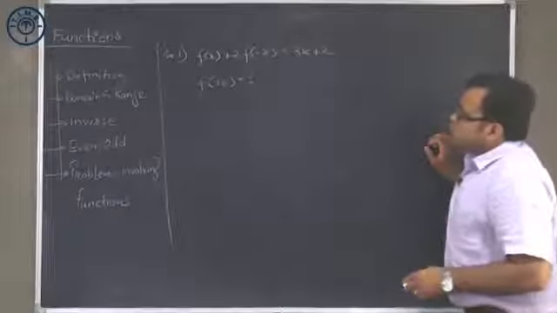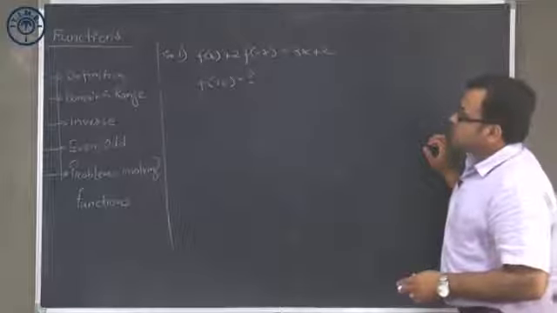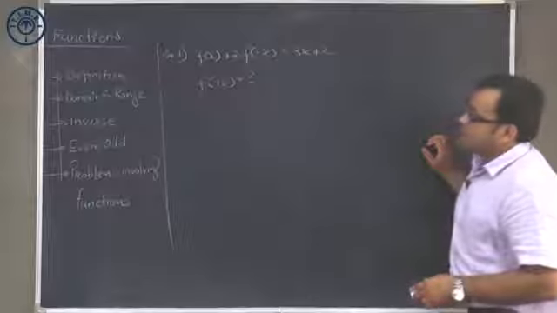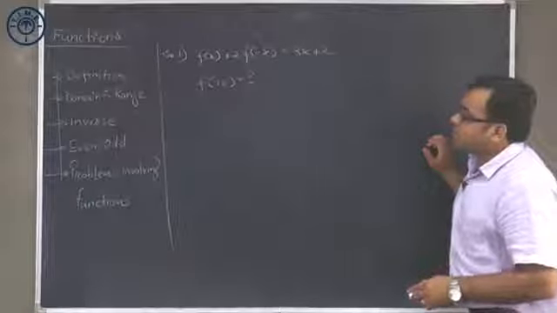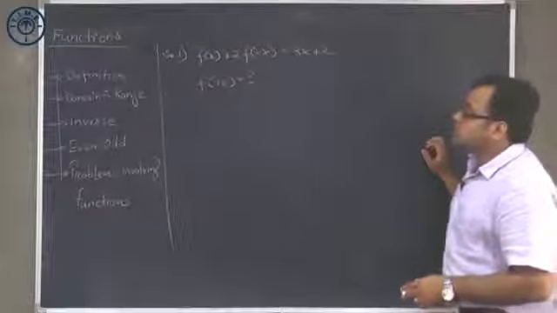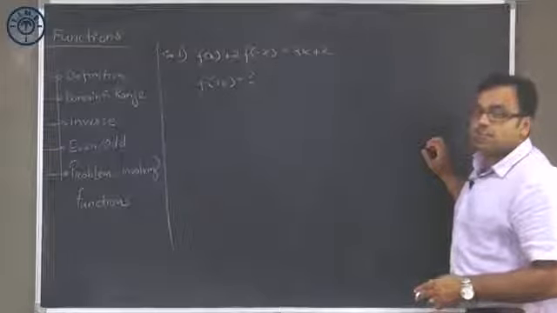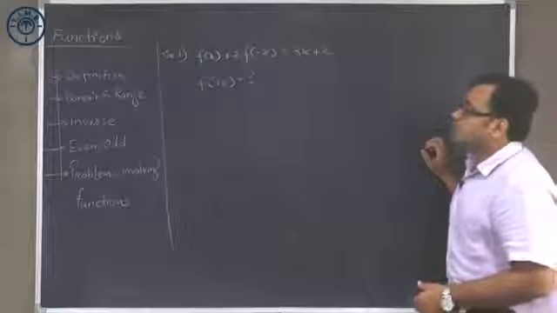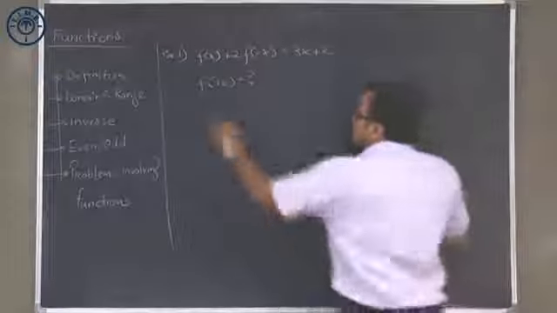In order to solve this question, what we can say is, if f(x) + 2f(-x) is given to me, if I replace x with -x, I would be able to form two equations involving f(x) and f(-x). From there, I should be able to find a general formula for f(x). So just bear with me.